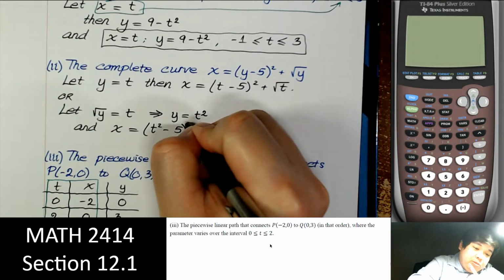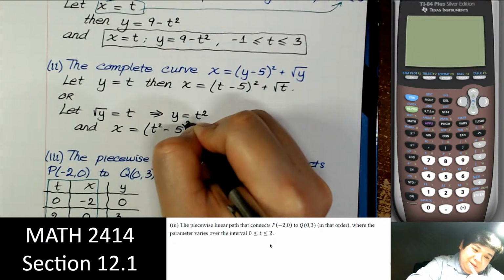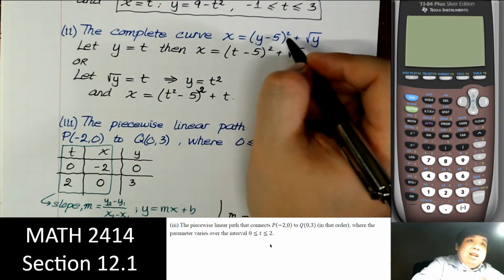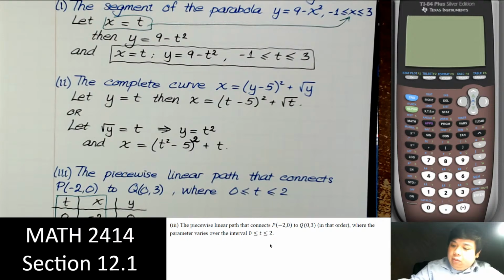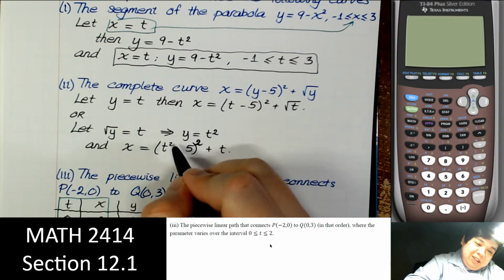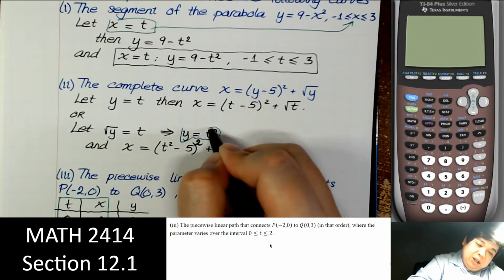I forgot the square here. Sorry. Yeah, thanks. On the last problem, I forgot the square here. So y is equal to t squared.